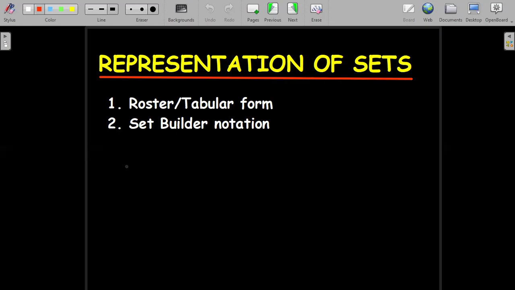Roster or tabular form is just a form in which we list out these elements. For example, if I have a set A, and I want to list it out, let's say it's a set of numbers from 1 to 4. So 1, 2, 3, up to 4 like that. So this is a roster form, where we're listing out.